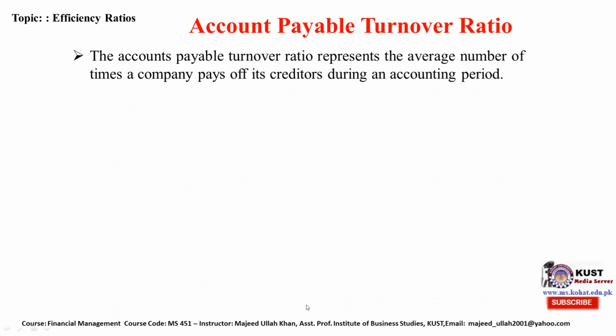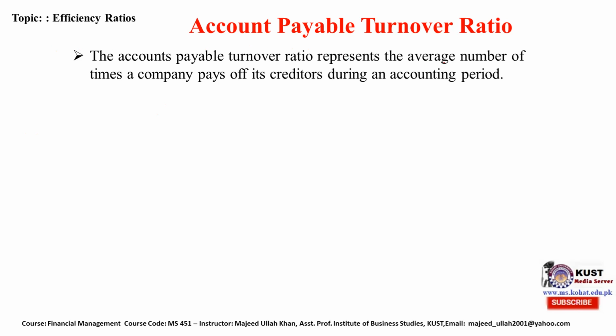Account payable turnover ratio. What is the account payable turnover ratio? It is how frequently the company is paying its outstanding amount or its obligation to its suppliers.